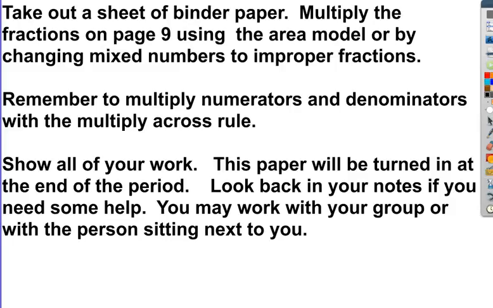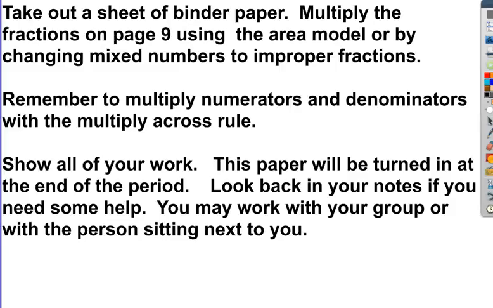And you're going to use the area model or changing mixed numbers to improper fractions to complete the multiplication of the examples that you see on page 9. Remember to multiply numerators and denominators with the multiply across rule when you have your fractions. Change your mixed numbers to improper fractions. And then show all of your work.